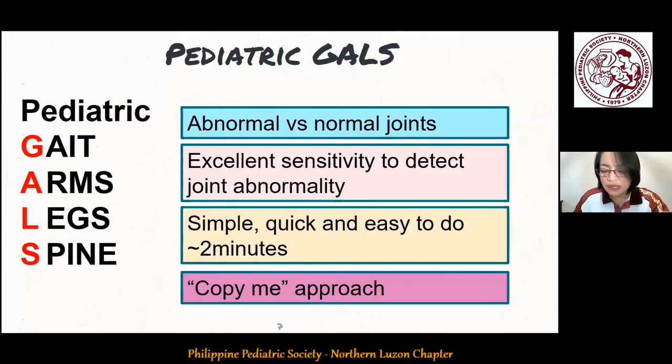It has been validated in school-age children and was shown to have excellent sensitivity to detect abnormalities. It is simple and easy to do, as it incorporates simple maneuvers that we use in our clinics. It is quick to do, because it takes an average of about 2 minutes to complete.